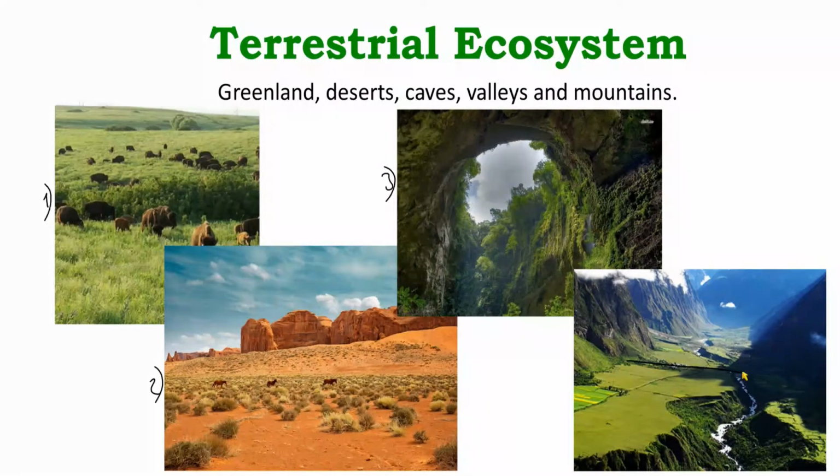And also mountains contain a number of living things, so they are examples for what? For a terrestrial ecosystem. So for ecosystem we can say any part of earth which contains living things is an ecosystem. But if living things live in water, it is aquatic, and if they live on land, it's a terrestrial ecosystem. We need to remember some examples for each of them.